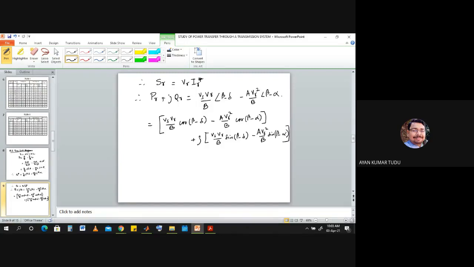So the real and imaginary terms can be separated. This is the real term that we are getting.